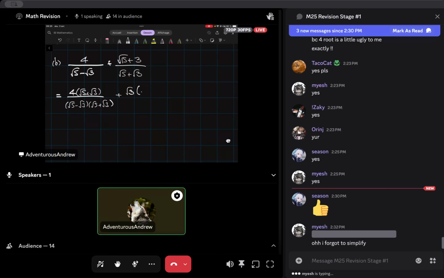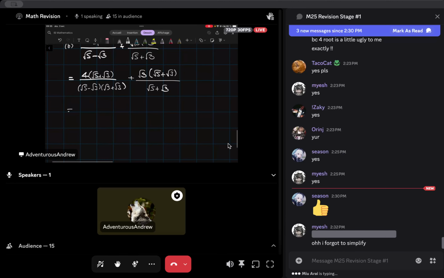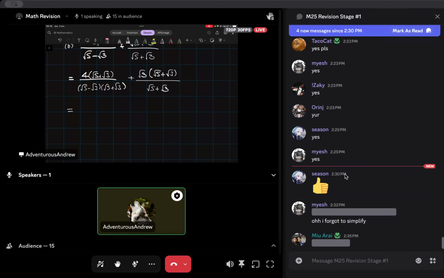We are left with root 5 plus 1. Those are root 5 plus root 3. Convenient, because that is also exactly what we have downstairs. Cancellation time.